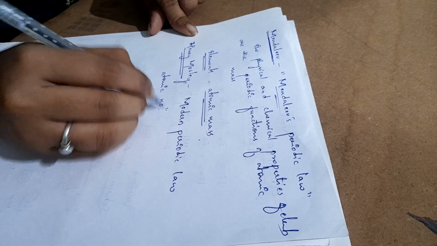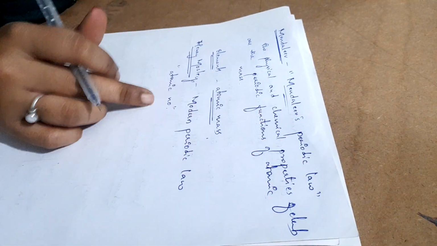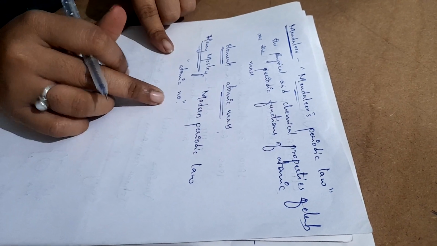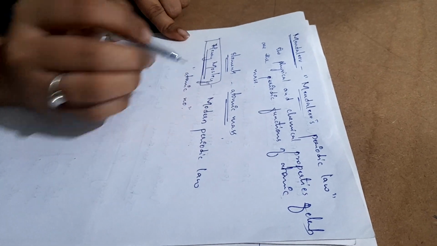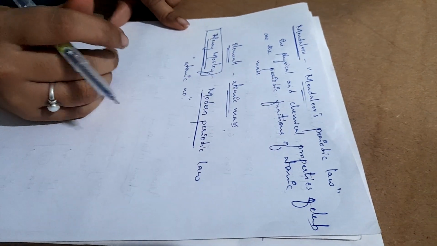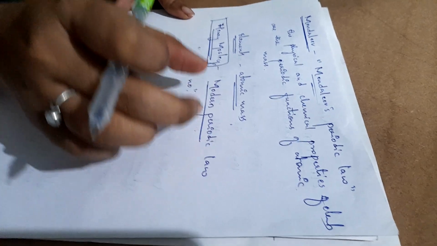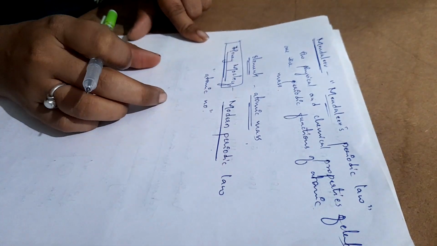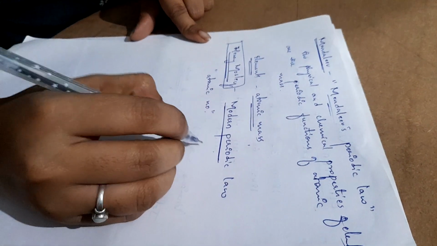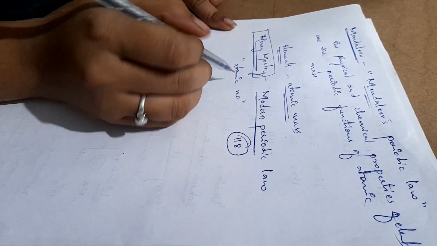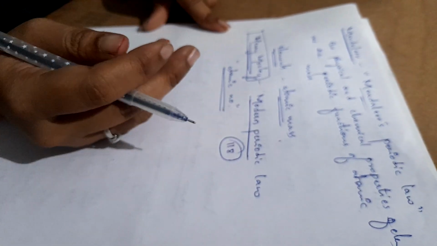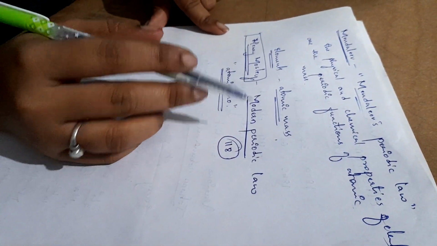This means Henry Moseley arranged all the elements according to the atomic number. This modern periodic table is the table we are studying today, and it has 118 elements arranged according to atomic number. So this is how the elements are classified in the periodic table.